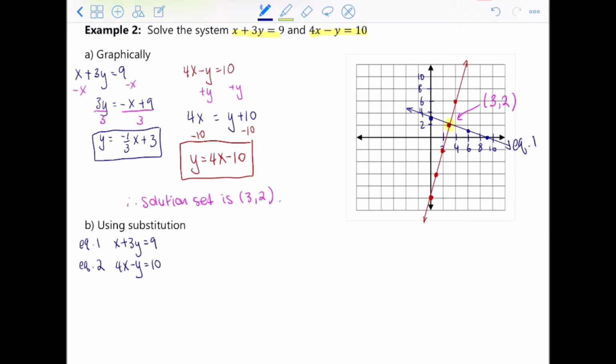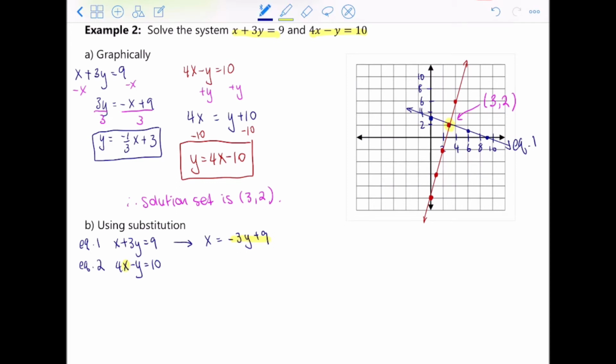So I'm just going to rewrite the first equation so x is isolated. x equals, so we're going to remove 3y from both sides. So 9 minus 3y. Oh, you know what? I kind of like the coefficient better. Negative 3y plus 9.